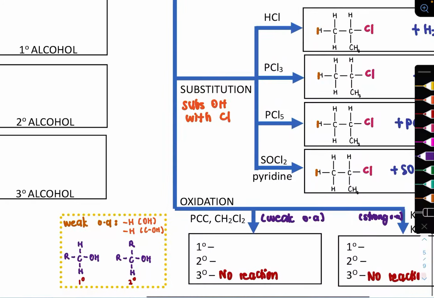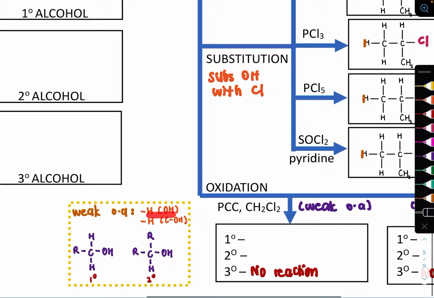Okay, so what happens is that, kalau dengan weak oxidizing agent, what we're going to remove is hydrogen from our OH ni. So I'm going to remove this hydrogen from our OH. And then we're going to remove this H juga. So what actually happen is that, kat sini kita dah remove our hydrogen kan.